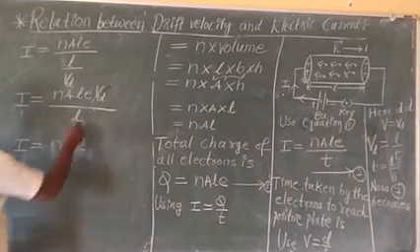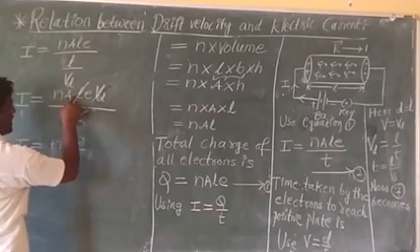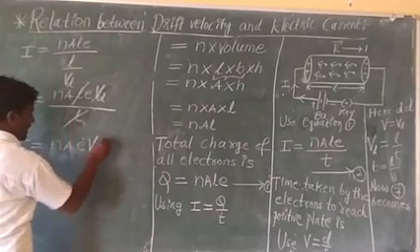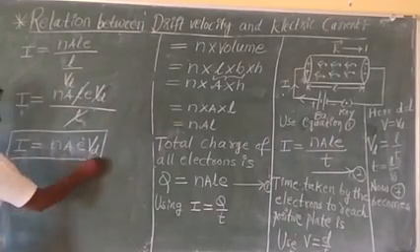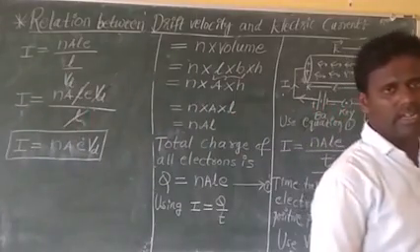So L cancels, and I equals NAeVd. This is the relation between drift velocity and electric current.